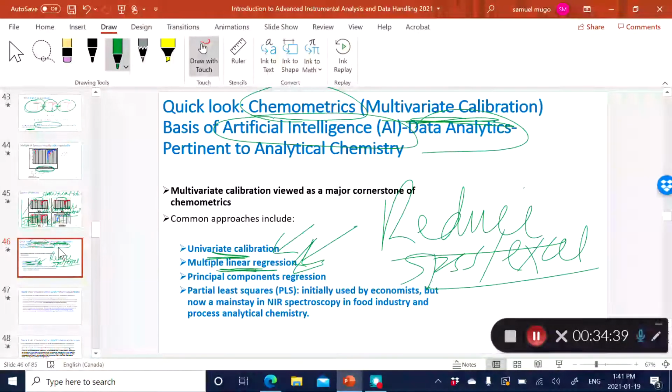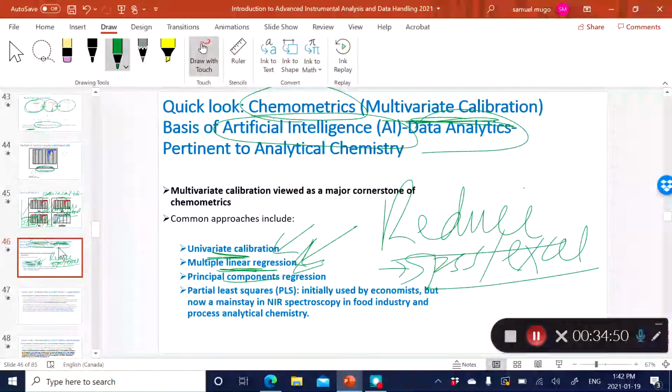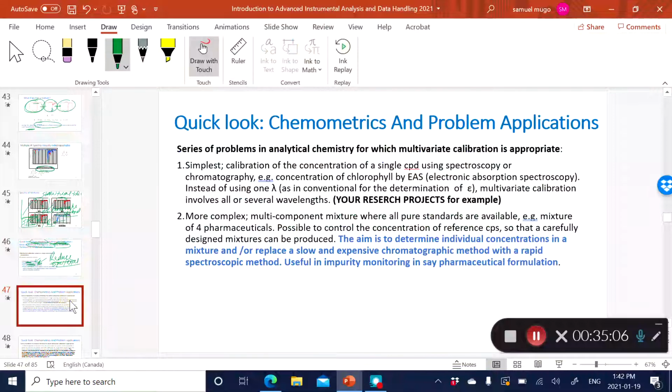Now, there are other tools that people can use. Again, there are statistical packages present in SPSS, like principal component analysis, partial least squares, and many, many other types of regression models that you can use, which again is beyond the scope of Chem 311. But again, they're fairly simple tools actually, that are fairly usable.